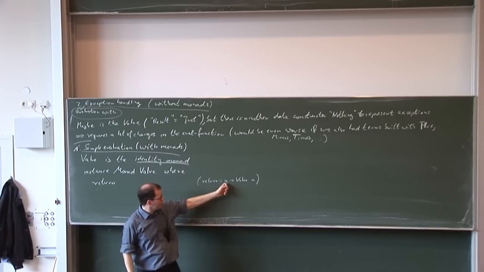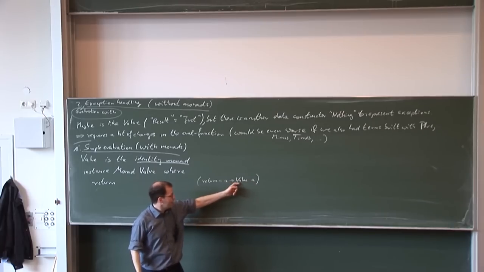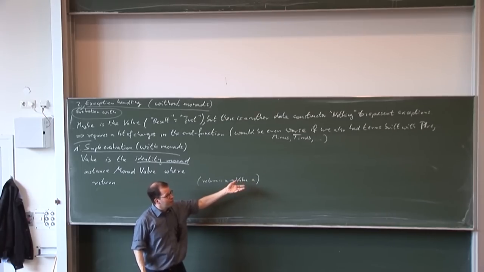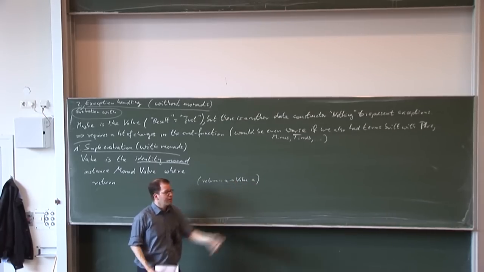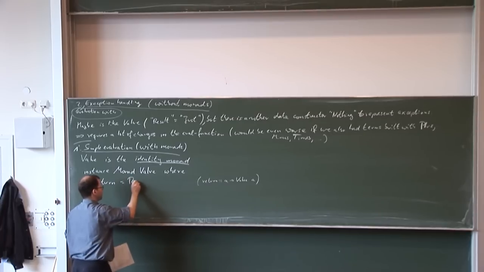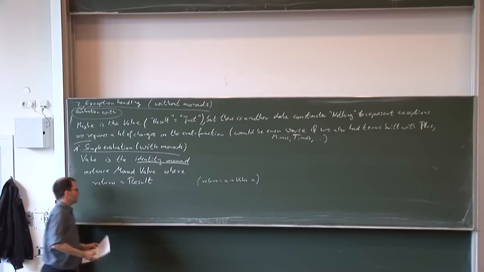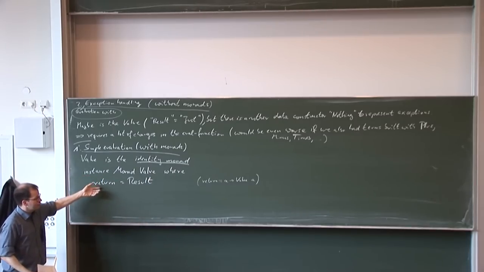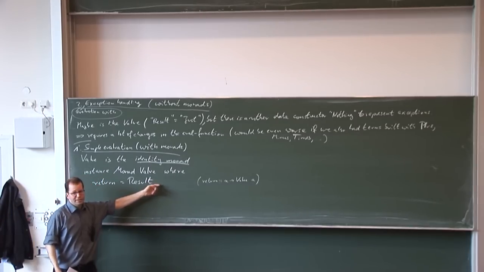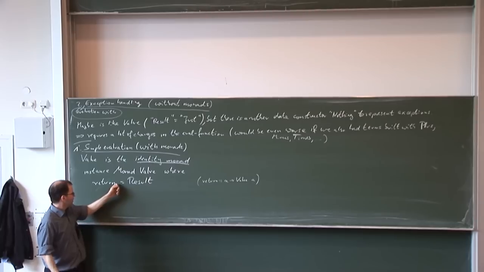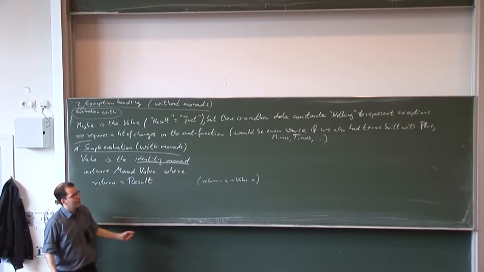Now, how can you encapsulate objects of type A into value objects? Simply by writing a result in front of it. So return is simply result. So return of x gives you the object result x, and that's the value object where simply the argument of return is encapsulated.